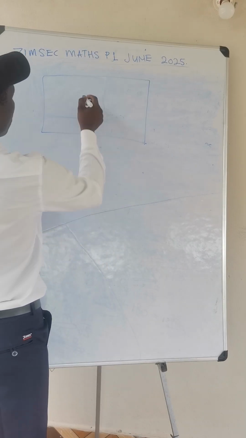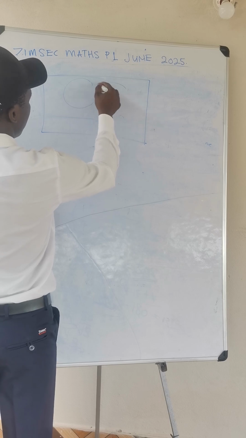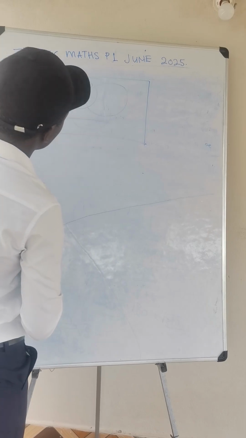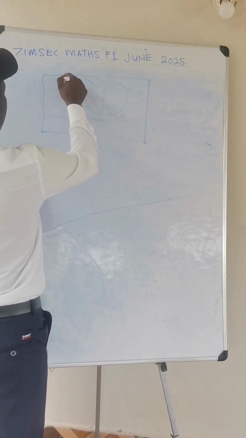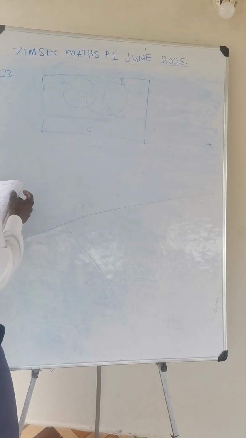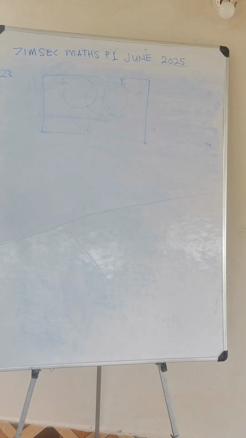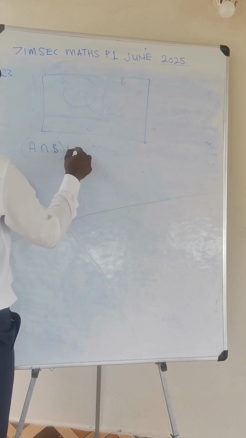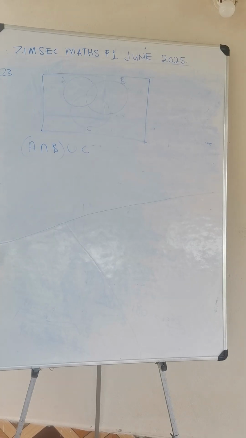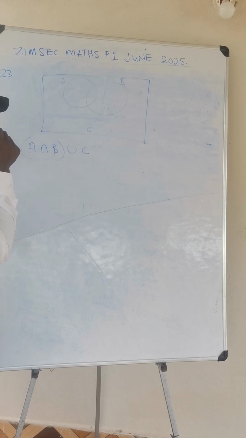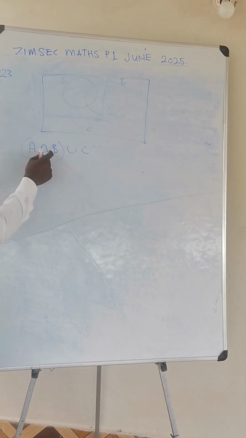So this is A, this is B, and this is C. The question says, on the Venn diagram, shade the set A intersection B union C. Let's start with A intersection B. It means we want the values which are common in this and this.